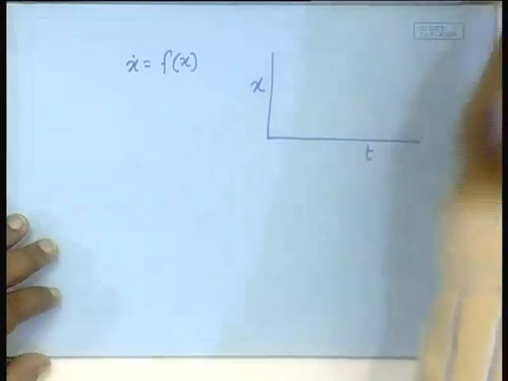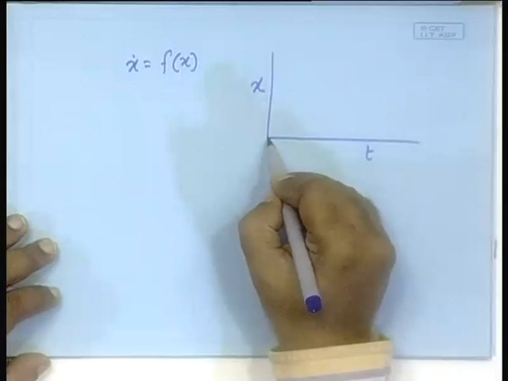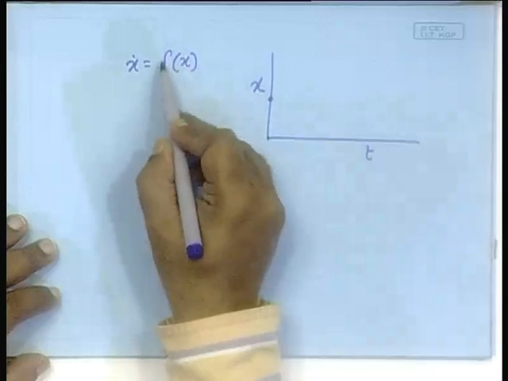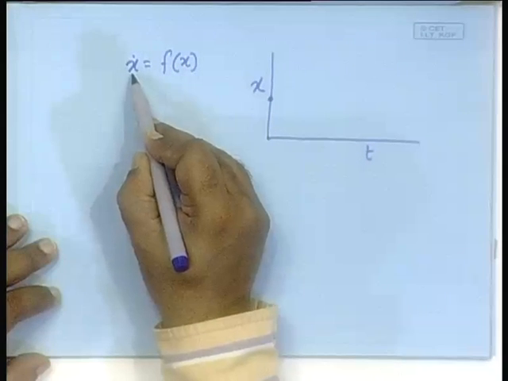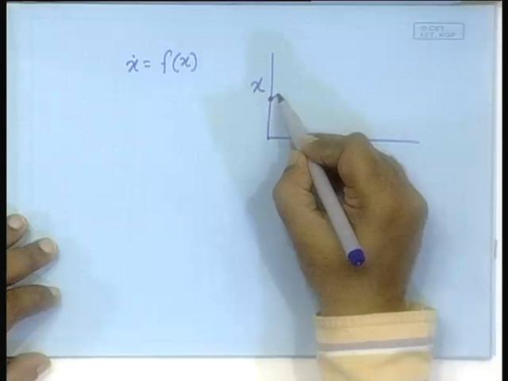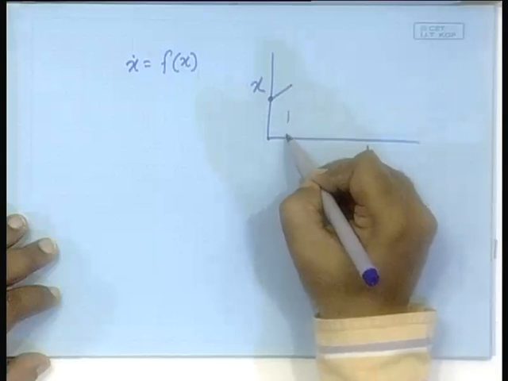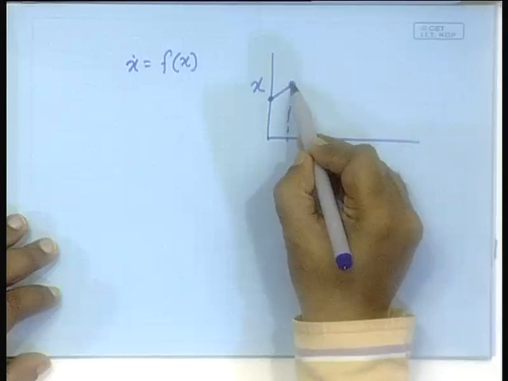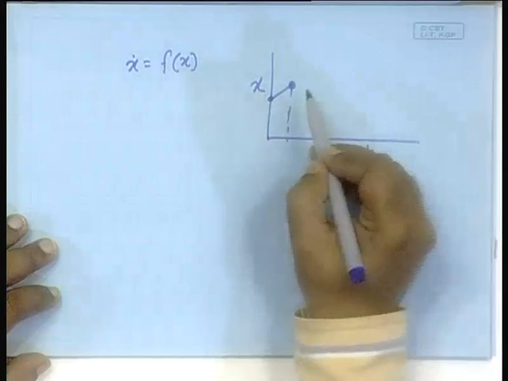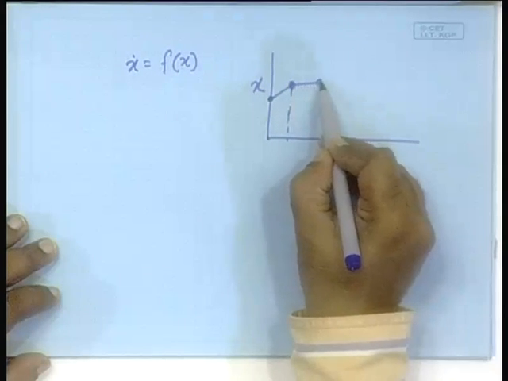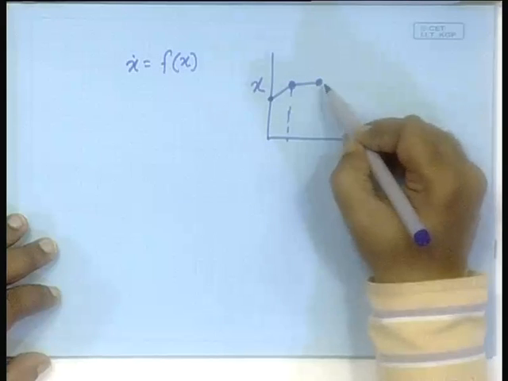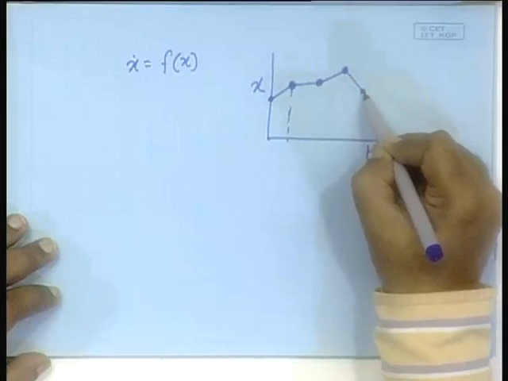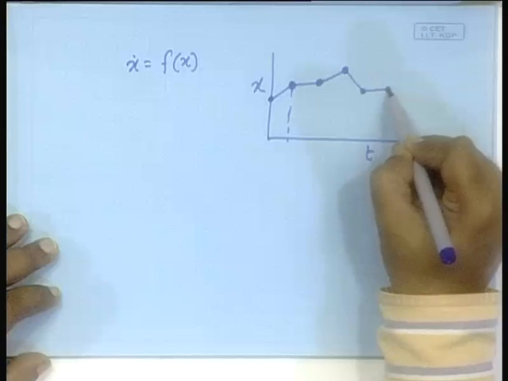Therefore, we will say that at time 0 it was say here, and this will tell us how x changes with time, and along that we take the next step, say at this point we come here, then at this point again we calculate the right hand side, take the next step, say we come here, and take the next step, and this way we can proceed.